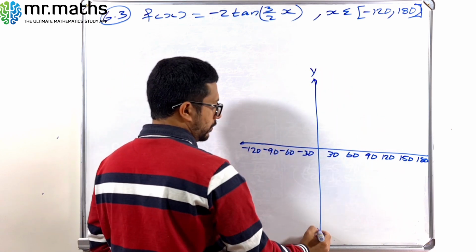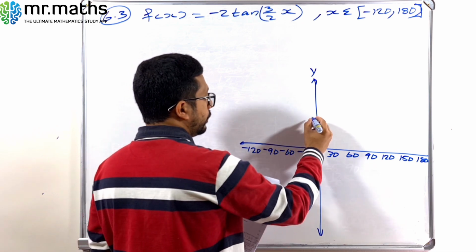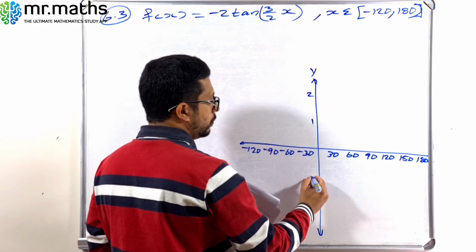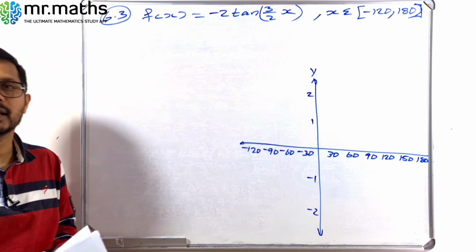Okay, so the x-axis is there. Now on the y-axis, 1, 2, minus 1, minus 2. So the x and y axes are there.